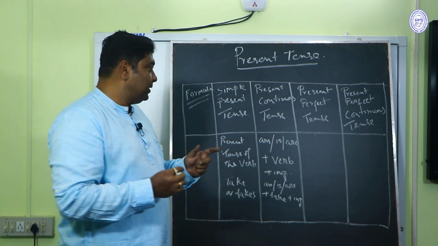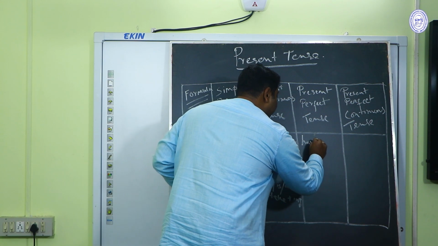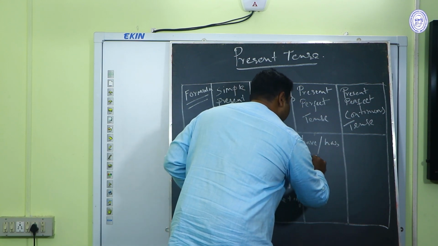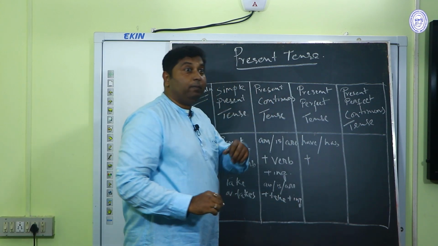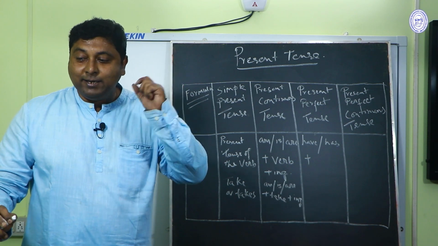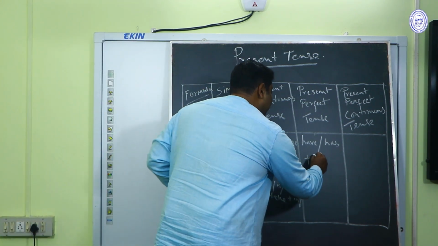Next is the present perfect tense. Here it is have or has plus what will it be?